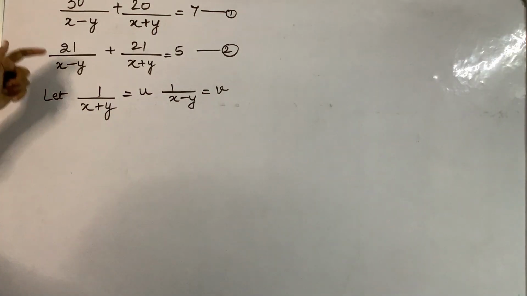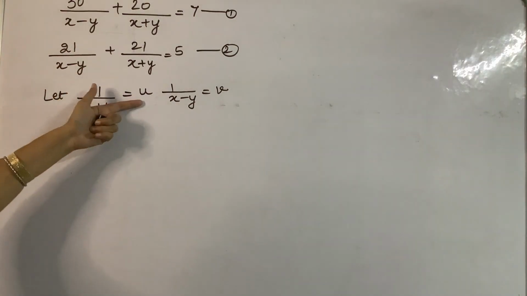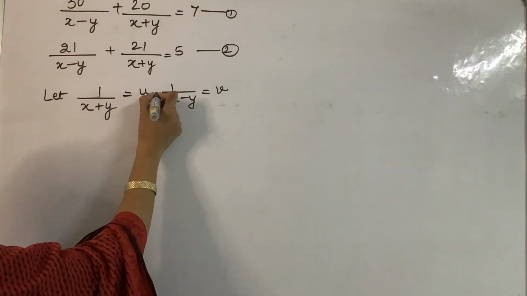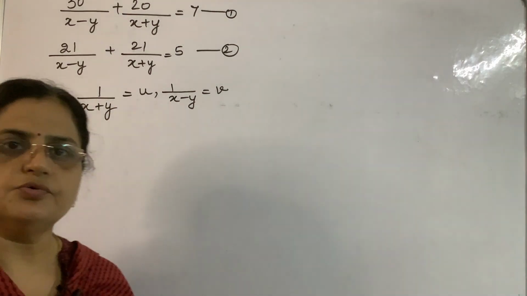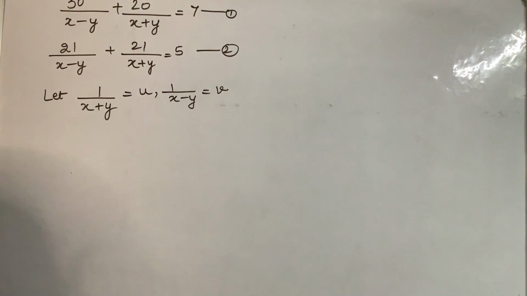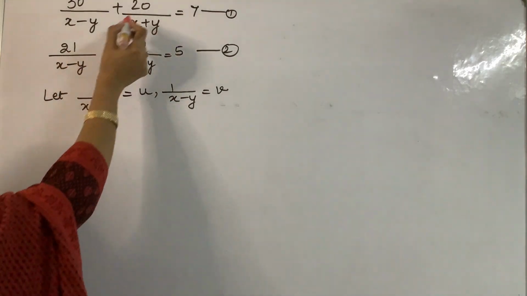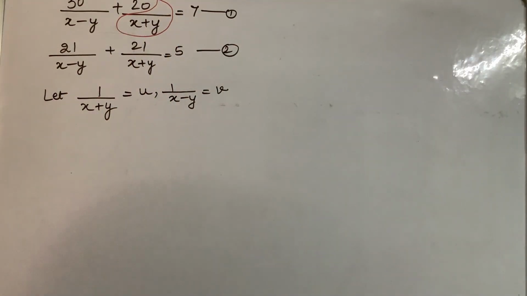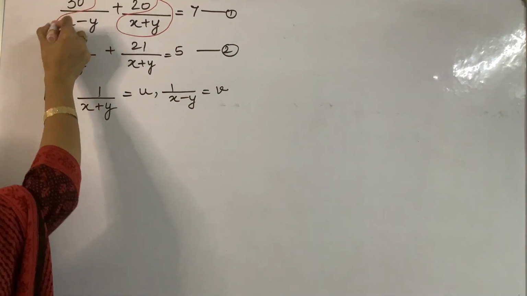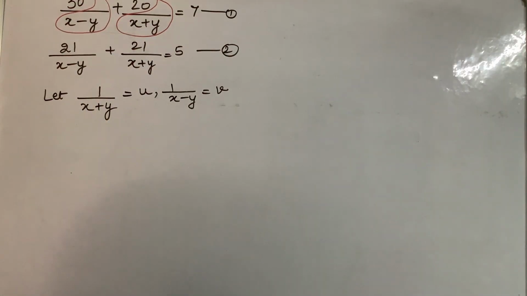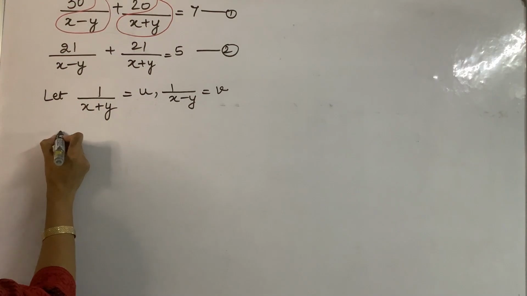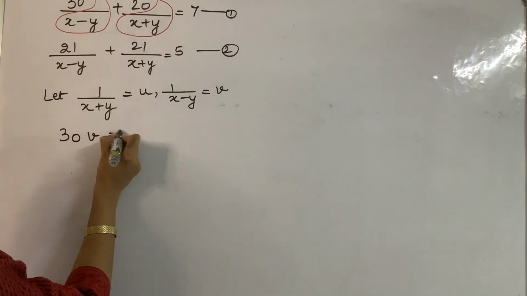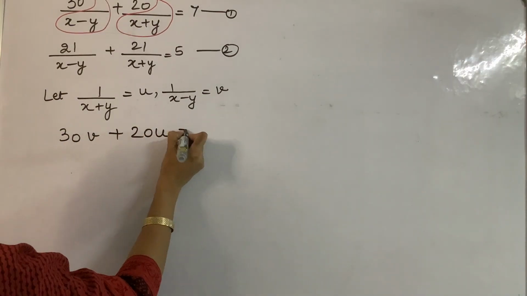In this case, we will put 1 upon x plus y is equal to u and 1 upon x minus y is equal to v. So over here, this part becomes u, and this part becomes v. So the equation changes to 30v plus 20u is equal to 7.